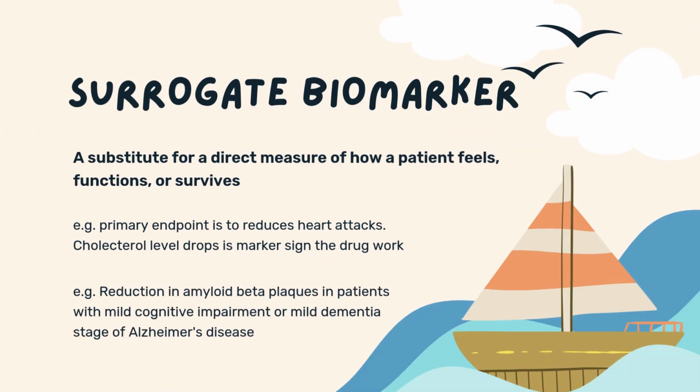Last, I just want to touch base on the surrogate biomarker. Imagine you are racing to get fit and lose weight. Instead of waiting months to see if your clothes fit better, this is the ultimate goal, the primary endpoint we want to achieve. Instead of waiting for that, we can step on a scale weekly.